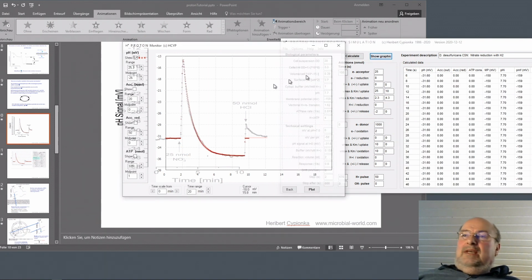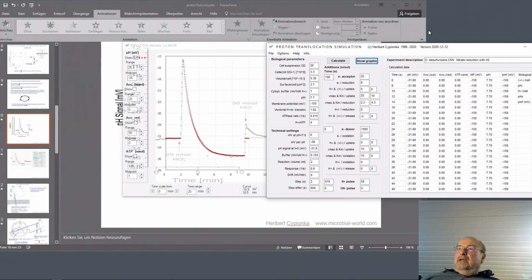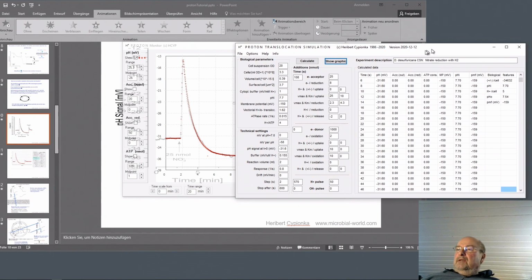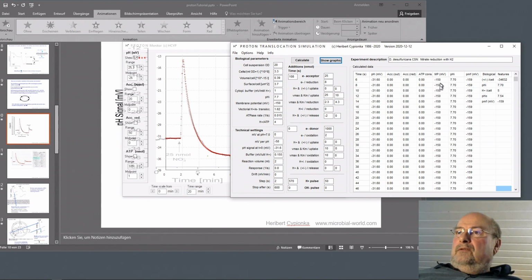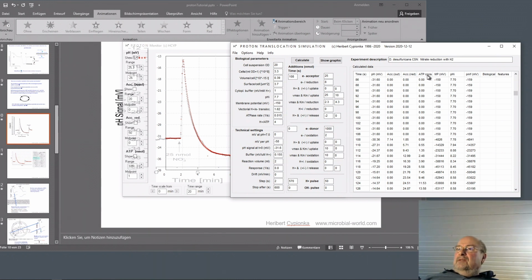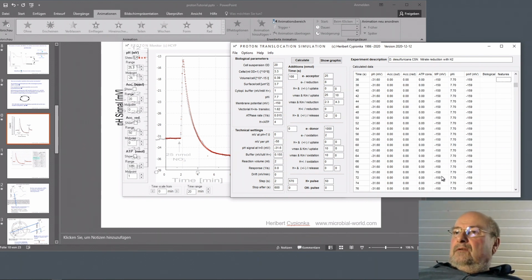Okay, so what happens to the membrane potential? I could show it here as a graph, but we are looking at the numbers here, and we assumed to have minus 150 millivolts. You can see that after 2 minutes, 120 seconds, when we have this pulse added, the membrane potential is really increasing.